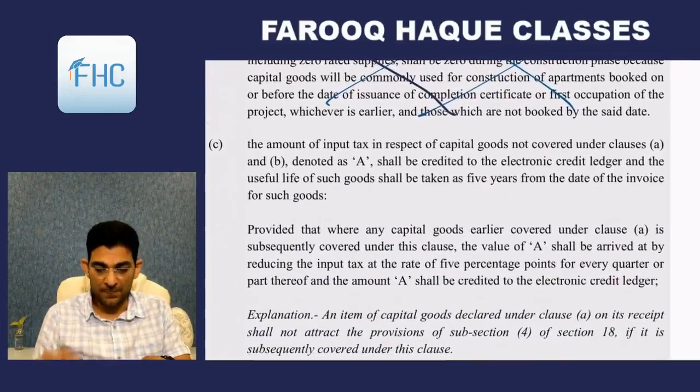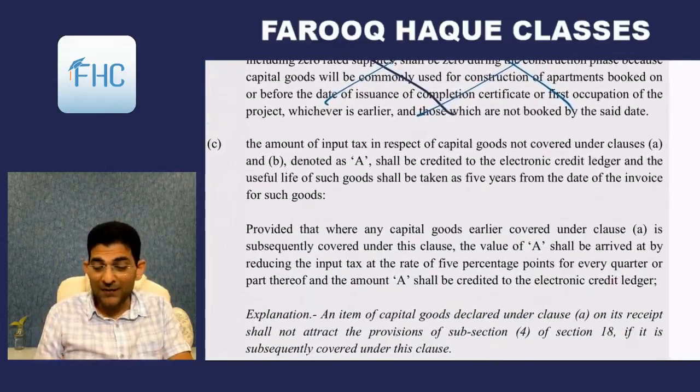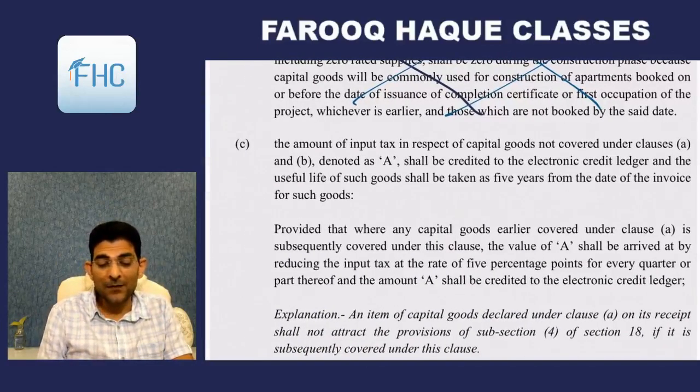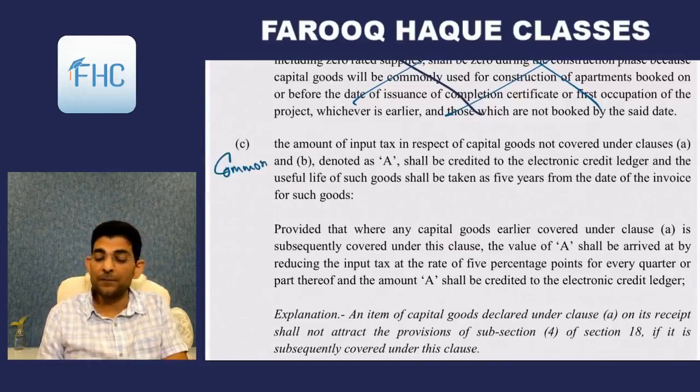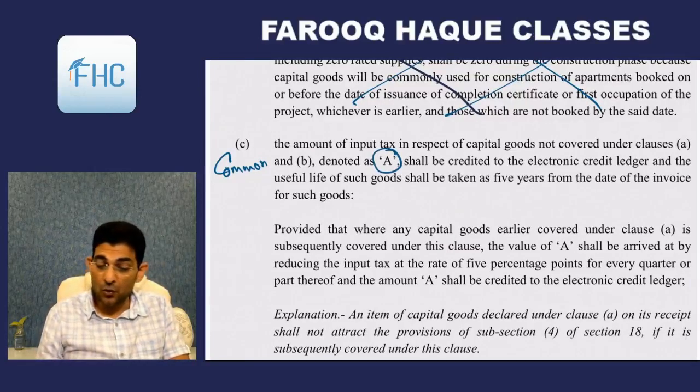Then C. The amount of input tax in respect of capital goods not covered by A and B, means common, which is for common use, shall be denoted as A. So it will be called as A, shall be credited to electronic credit ledger.